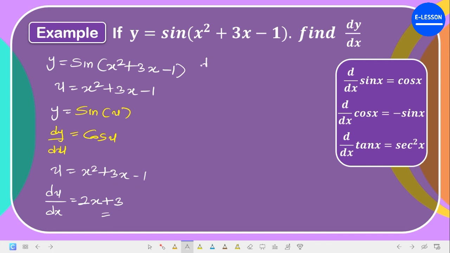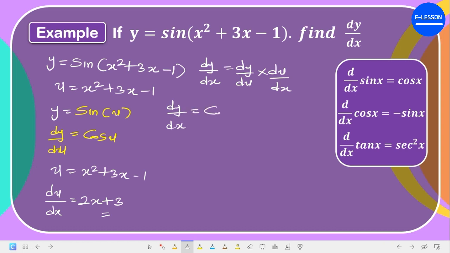Now the formula says dy/dx equals dy/du times du/dx. Now it's expected that you know this formula in your head. So what will be our dy/dx at the end of the day?